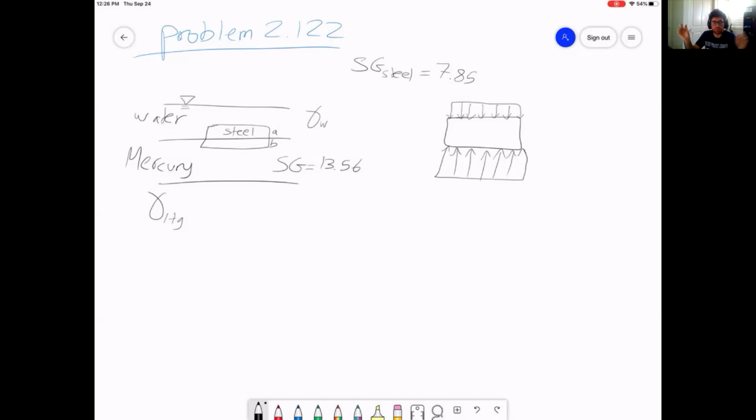The sides should be triangles like this, but they cancel each other because they're exactly the same, so we don't care about the sides. It's like pushing on the block like this. But the bottom has more pressure than the top, so here's where the buoyant force comes from. You have a resultant force called the buoyant force, and it's always pushing up on the object.